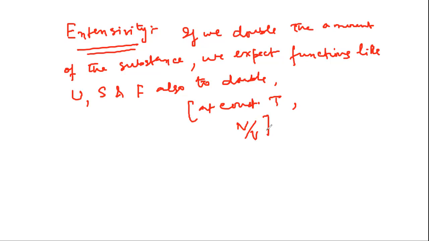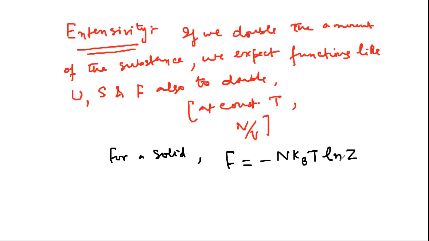Now for a solid, that is the localized particle case, the equation for F is minus NkBT ln Z. As I told you, it easily satisfies this requirement because the energy levels epsilon j depend only on the specific volume V by N. So when we fix V by N, we are fixing these energy levels.